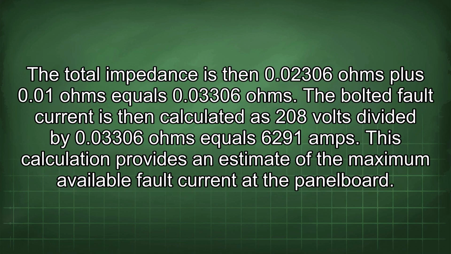The total impedance is then 0.2306 ohms plus 0.1 ohms equals 0.3306 ohms. The bolted fault current is then calculated as 208 volts divided by 0.3306 ohms equals 6,291 amps. This calculation provides an estimate of the maximum available fault current at the panelboard.